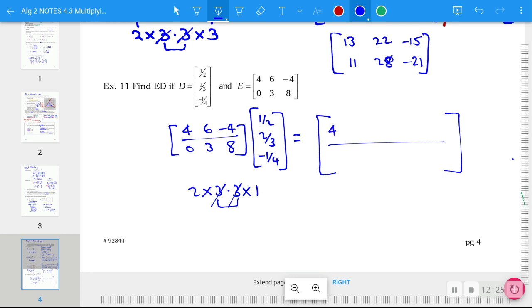So we're going to have 4 plus 6 minus 4, and across the bottom 0 plus 3 plus 8.